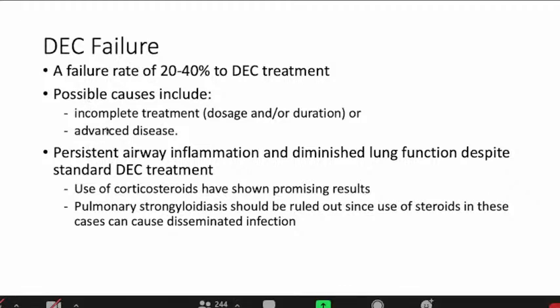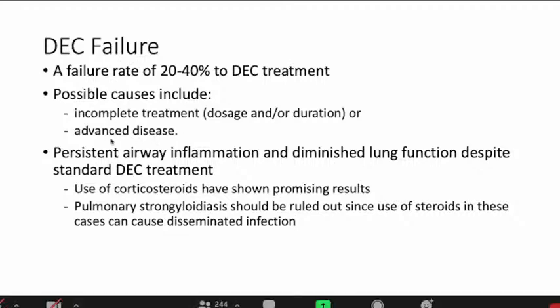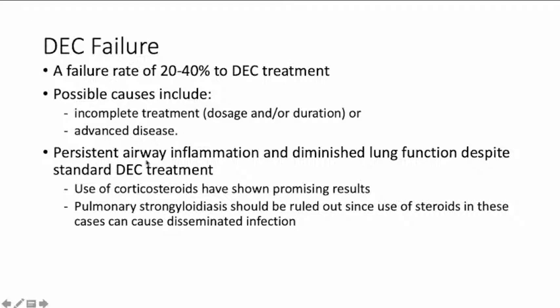Some of the causes could include incomplete treatment, either inadequate dose or shorter duration, or patients who have advanced disease with pulmonary hypertension, very advanced fibrosis or long-standing disease. The patients who have DEC failure, you are able to identify them because they have persistent airway inflammation and diminished lung function despite receiving standard DEC treatment.